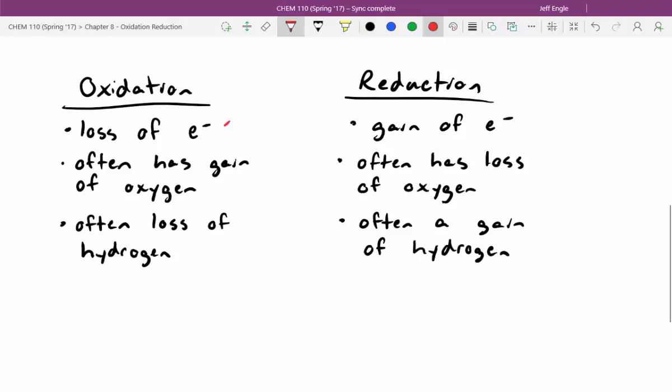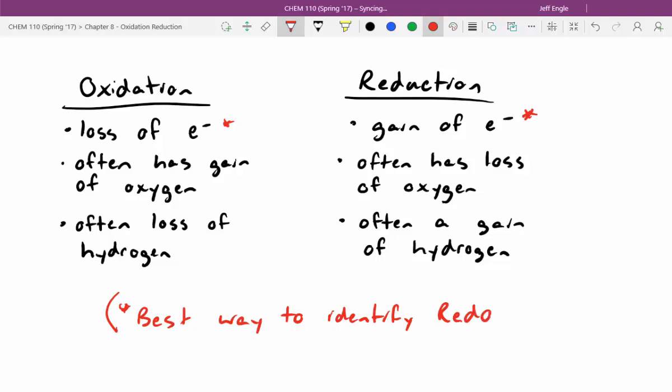But the key thing to remember is that these first two are the best way of identifying a redox reaction. The other two, they're often but not always. Does that make sense? Pretty straightforward.